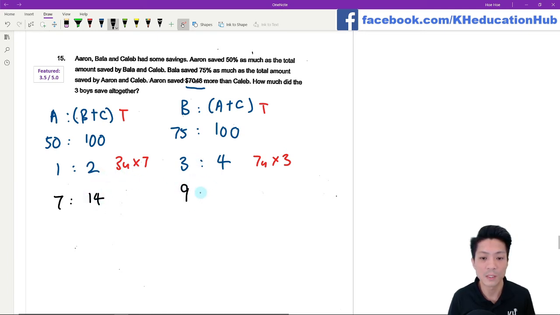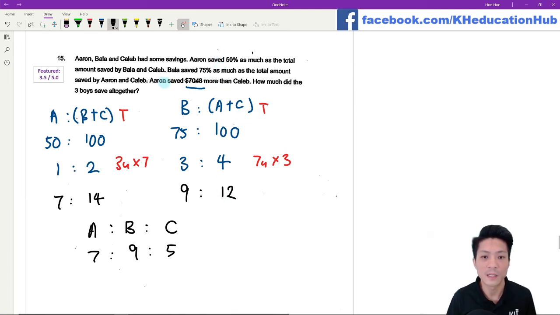This ratio now becomes 9 is to 12. Okay, which means that now we know that A is to B is to C is, okay, A is 7 units, B is 9 units. Okay, since B plus C is equals to 14, so 14 minus 9, C is 5 units.